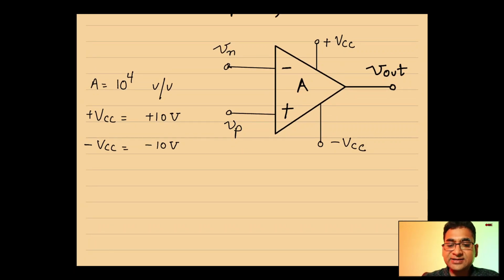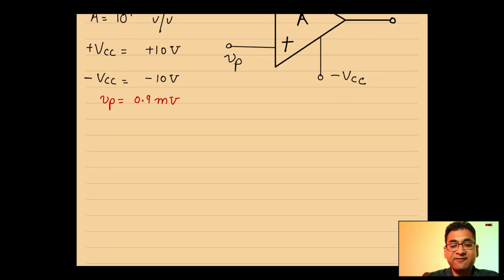So let's start by picking a value for VP equals 0.9 millivolts. And let's pick a value for Vn to be 0.7 millivolts.